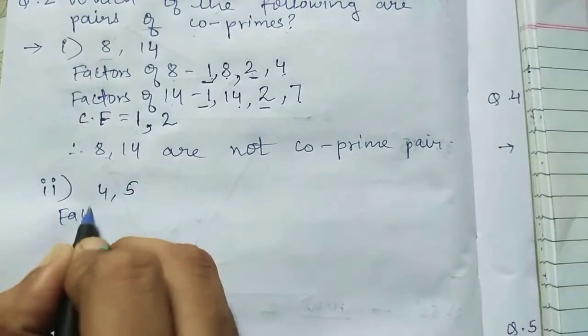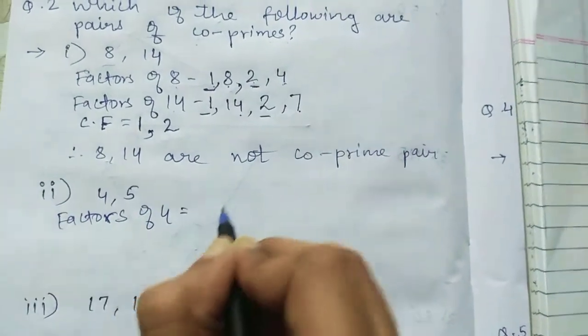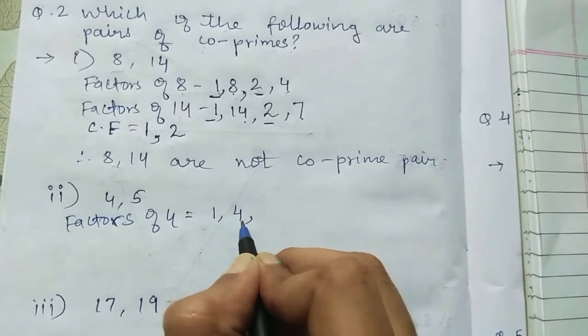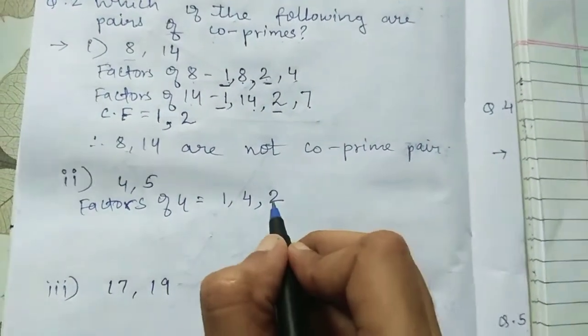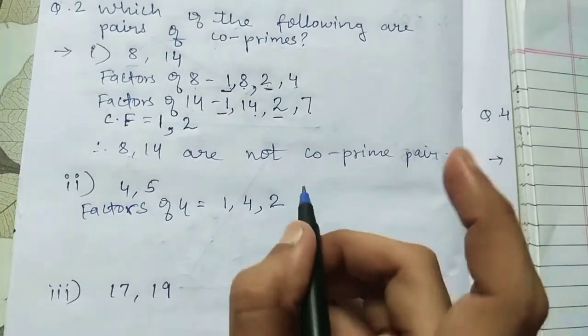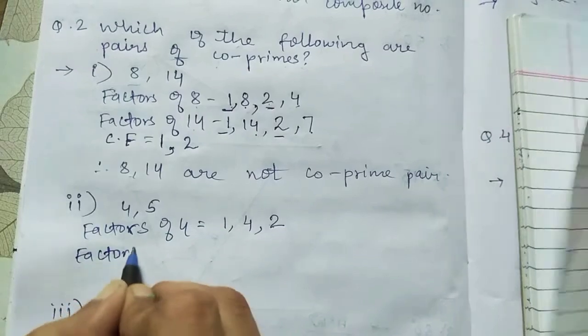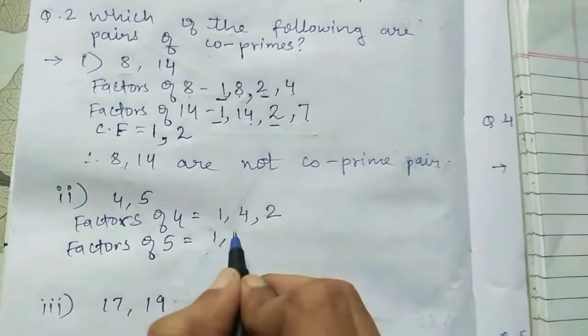Next, 4 and 5. Let's write factors of 4. So 1 how many times? 4 times. Then next number is 2, the last number. 2 how many times? 2 times. So we will write 2 only once. Next, factors of 5. 1 and 5.